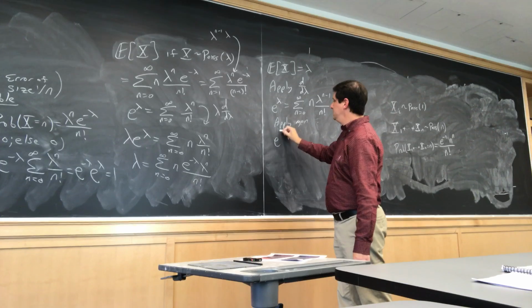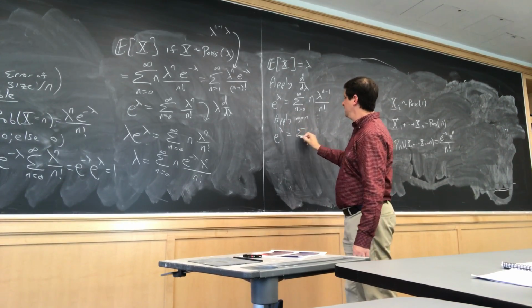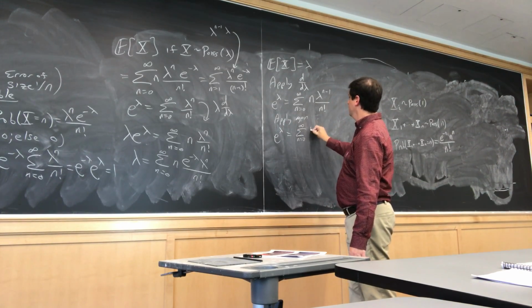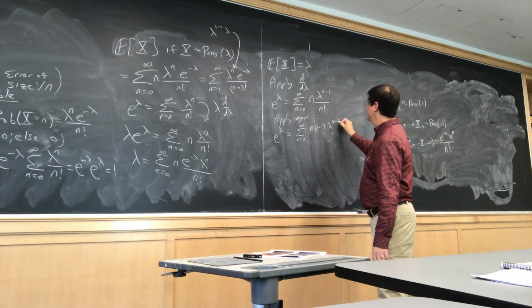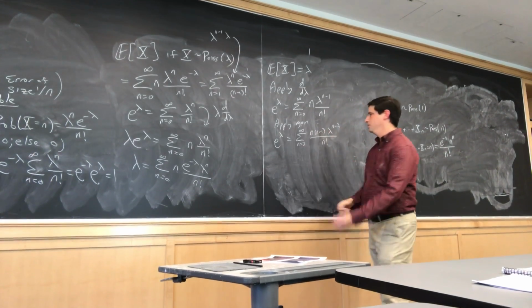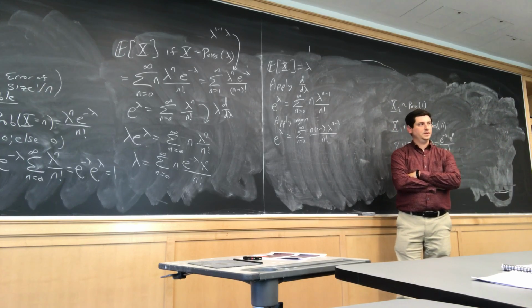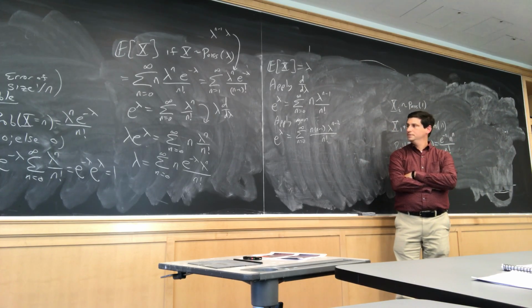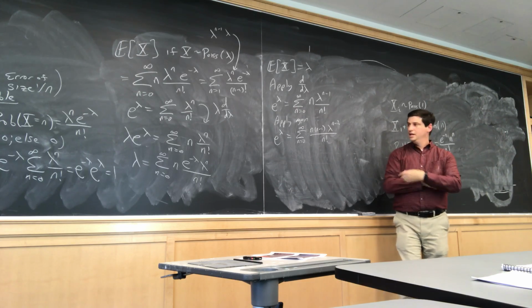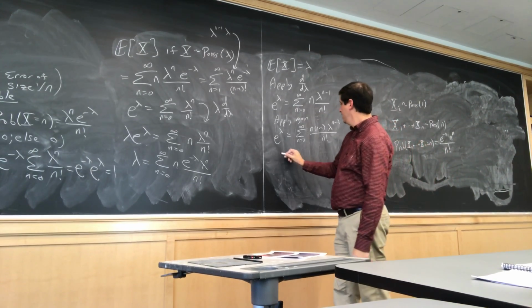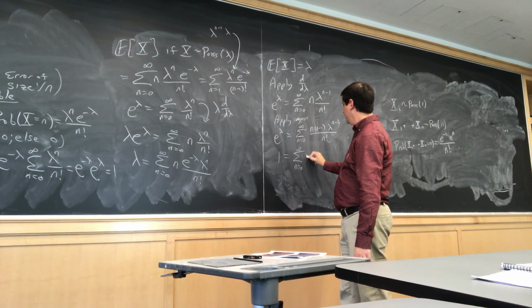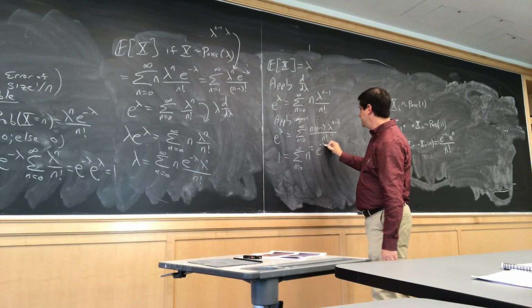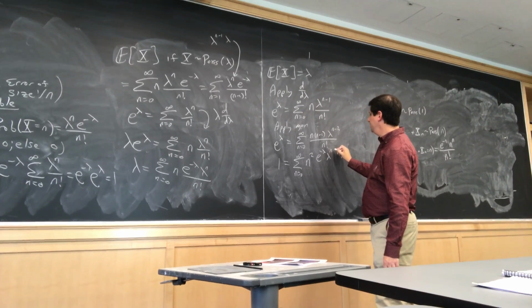And we would get e to the lambda is the sum as n goes from 0 to infinity of n times n minus 1 lambda to the n minus 2 over n factorial. Right? This is the same as 1 is the sum as n goes from 0 to infinity of n squared e to the minus lambda to the n.